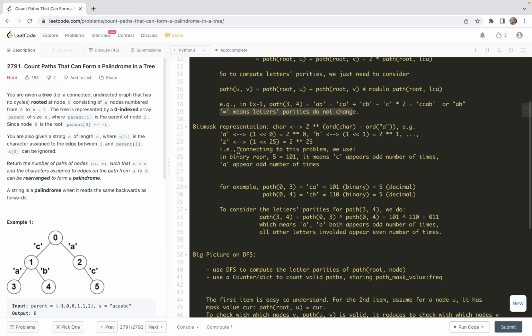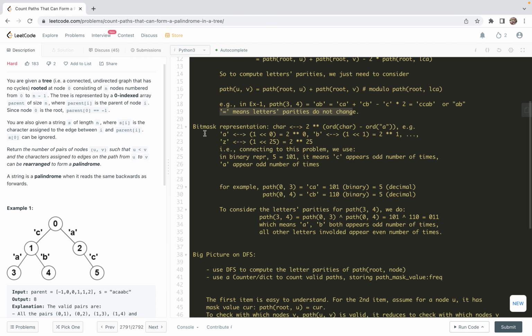So next, we want to get a compact representation on how to represent the path and record the letters frequencies, or even and oddness. So for this, actually, we can use bit representation. So for each character, we mark it to a bit position.